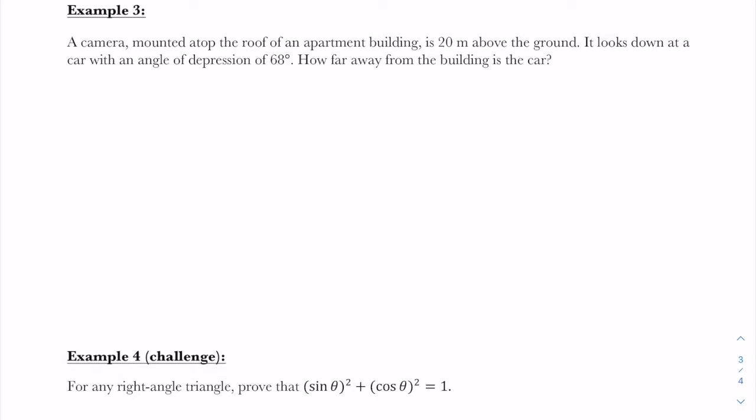All right, let's get started. So we have a camera mounted atop the roof of an apartment building that is 20 meters above the ground. So I'll just make a sketch here. Let's say this is my ground. This is my apartment building.